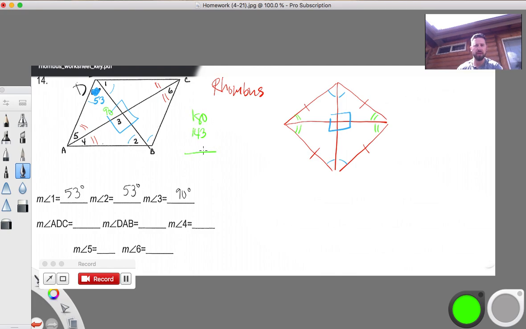I think we get 37. So this angle is 37, and this angle is 37. This angle up here is 37, and this angle up here is 37. So angles 5 and 6 are also 37 degrees.